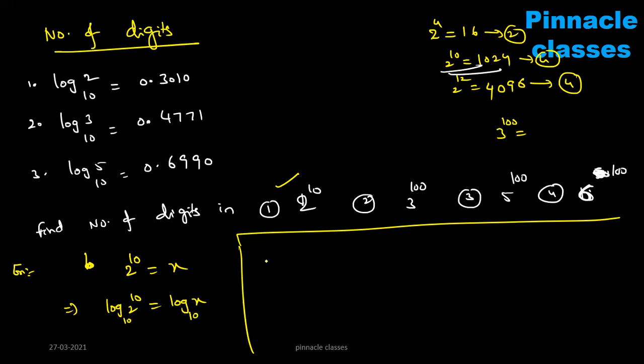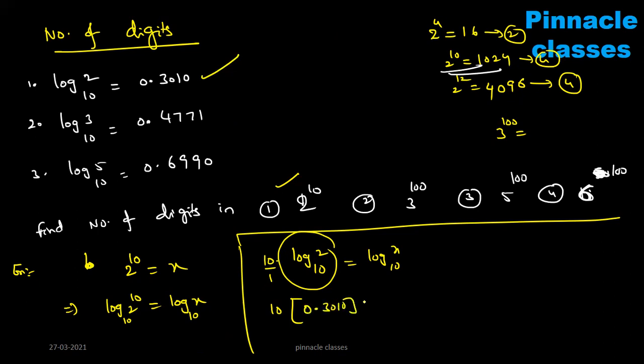How much is coming here? 10 into log 2 to the base 10. What is the value of log 2 to the base 10? 0.3010. Multiply with 10 on both sides. What is the result? 3.010.